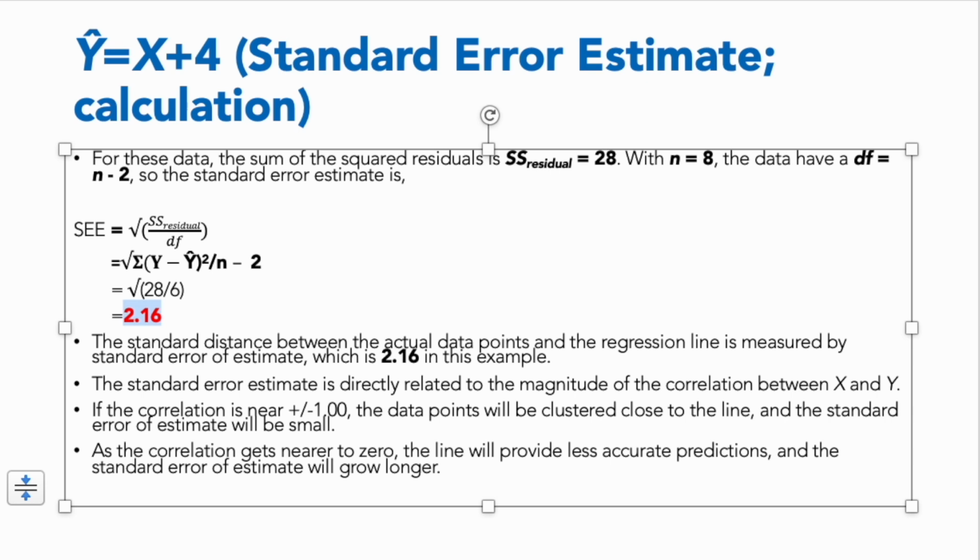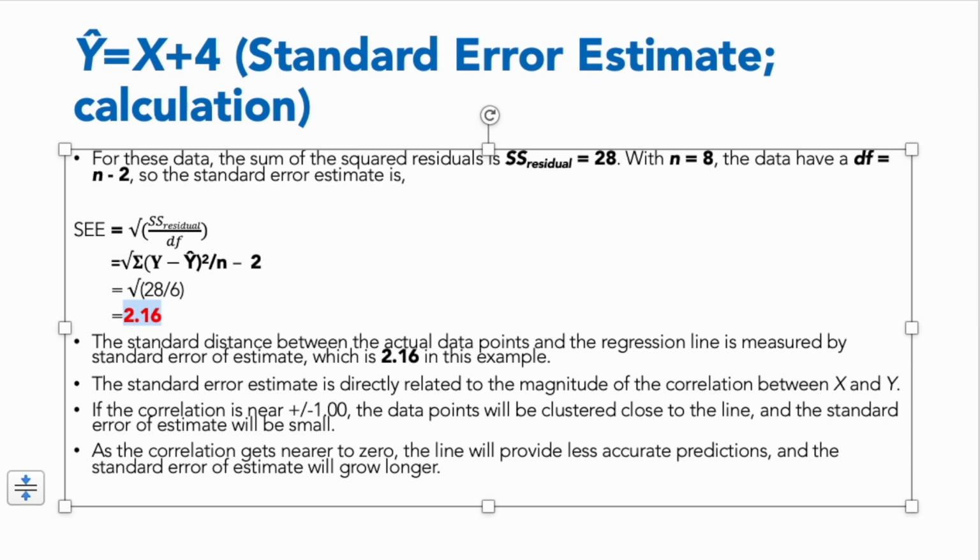This standard error is related to the magnitude of the correlation between x and y. You want this value to be as small as possible to have a strong relationship or a strong correlation. If the correlation is near plus or minus 1, the data points will be clustered very close to the line, and the standard error of estimate is going to be extremely low.